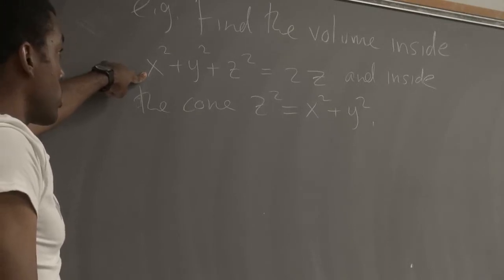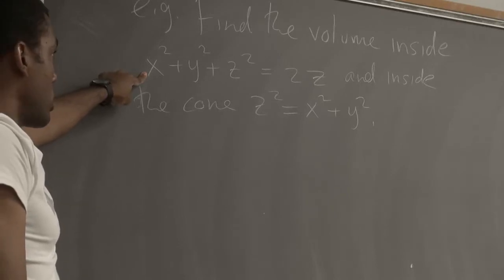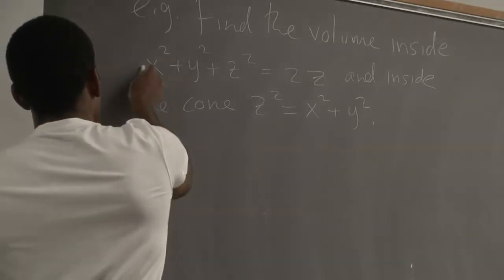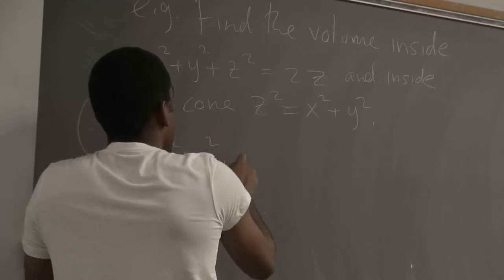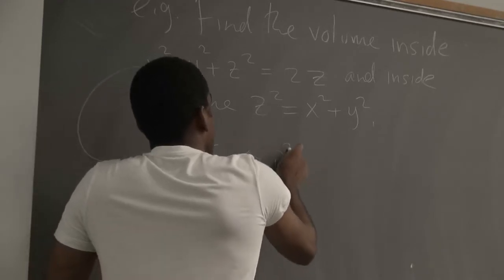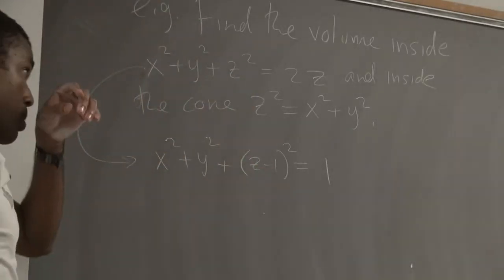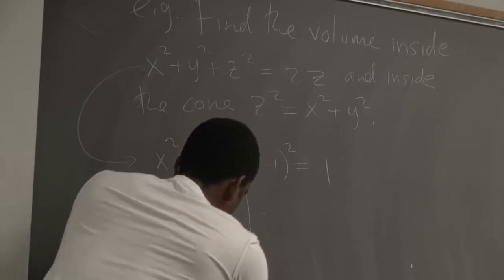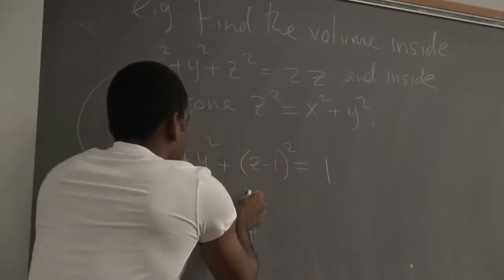Sphere. It's a sphere. What's the radius? And the center is? This guy you can write as x squared plus y squared plus z minus 1 squared equals 1, if you just bring over the 2z and complete the square. So that's a sphere. The center is actually 0, 0, 1, and the radius is 1.